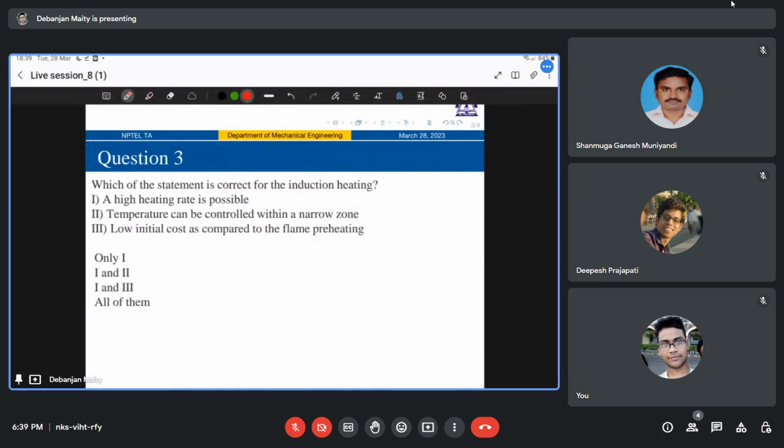So this is something from induction heating. I talked about the advantages and disadvantages of induction heating. Here there are three statements: a high heating rate is possible, temperature can be controlled within a narrow zone, and it says low initial cost. Of course, this is not true. Flame preheating is much cheaper.